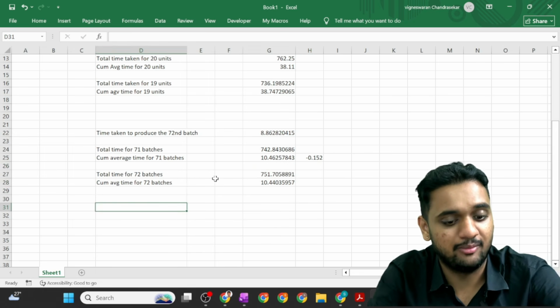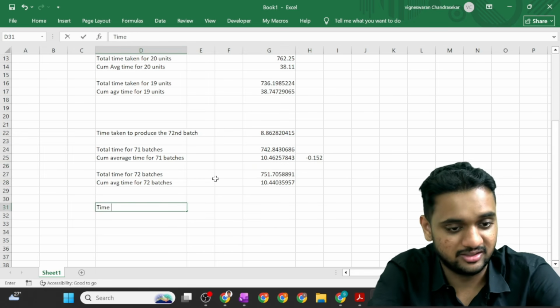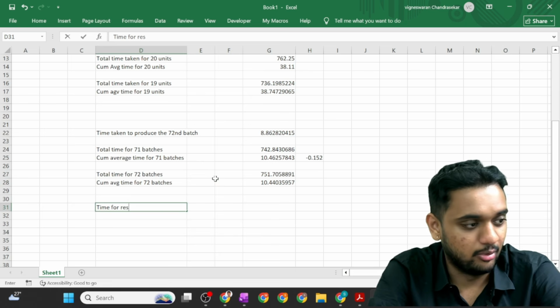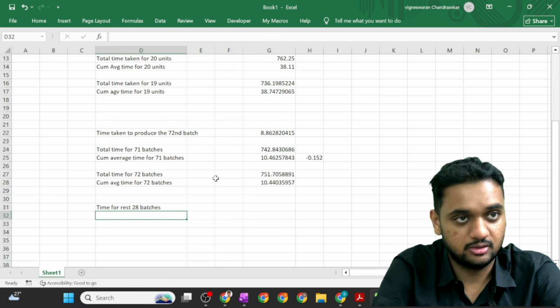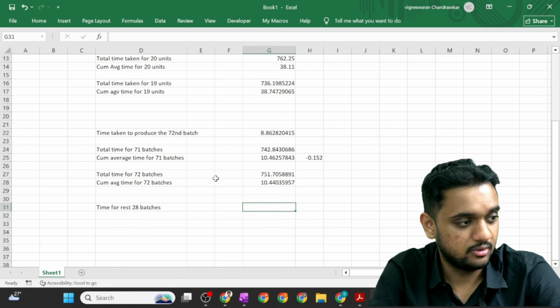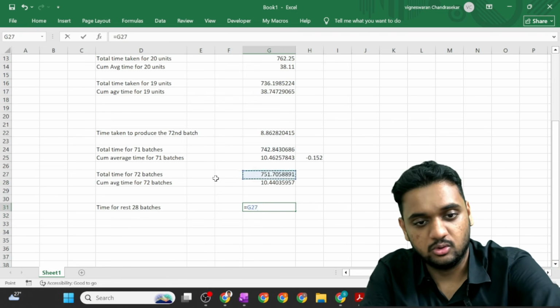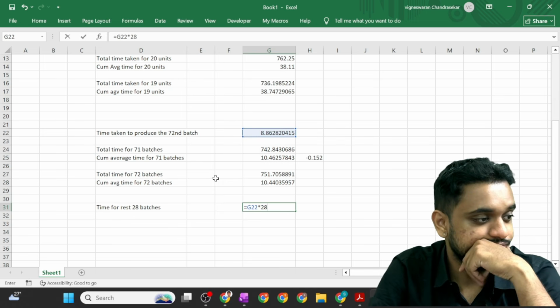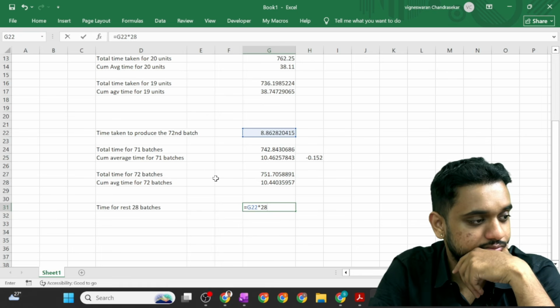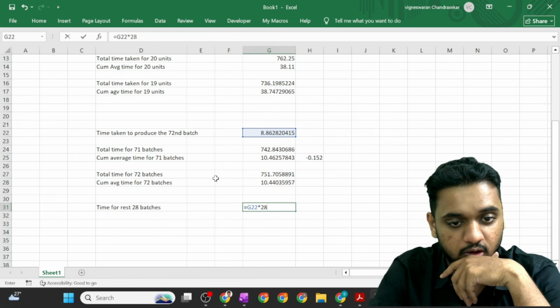Now we have to find the time for the rest 28 batches. Time for rest 28 batches is equal to this into 28. What do you get? 248.